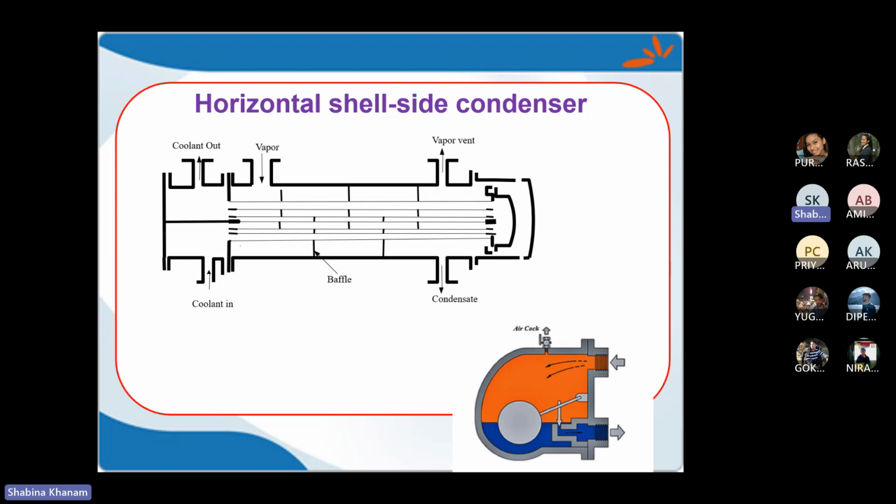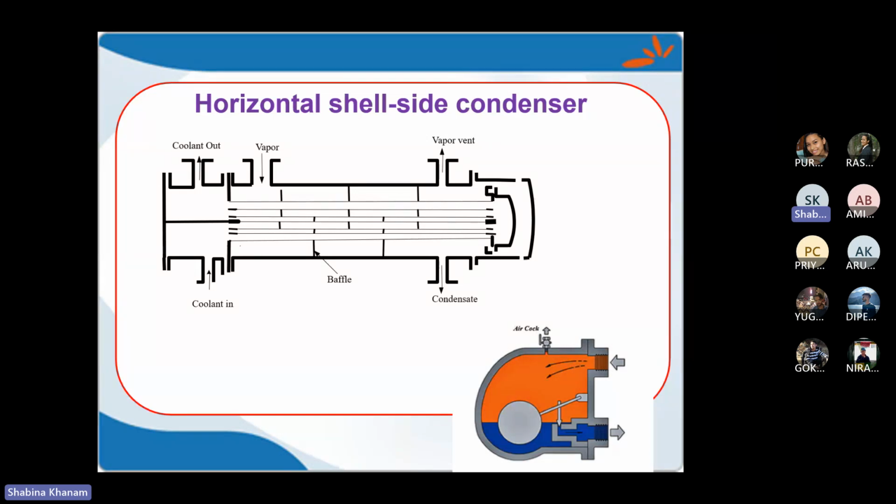These are the primary uses of the condenser, and it can be used in other ways also, because it is used to condense steam or vapor. Wherever it is required we can use it, and as far as this design is concerned, we consider the design of shell and tube condensers only.